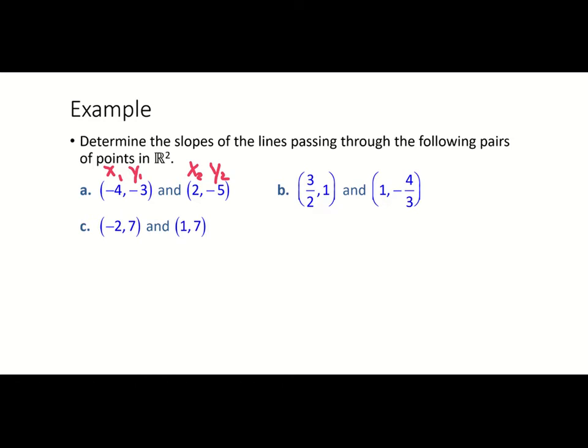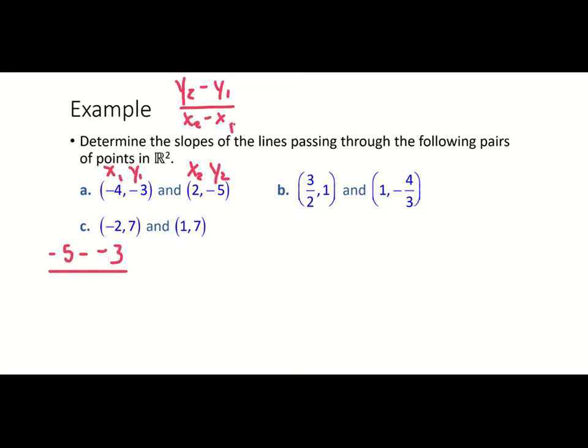So if I calculate the slope of A, remember your slope formula is y sub 2 minus y sub 1 over x sub 2 minus x sub 1. We would do -5 minus -3. It's important to keep the sign of both your numbers and keep that minus sign in there as well. That's sometimes the biggest error people make: sign errors.